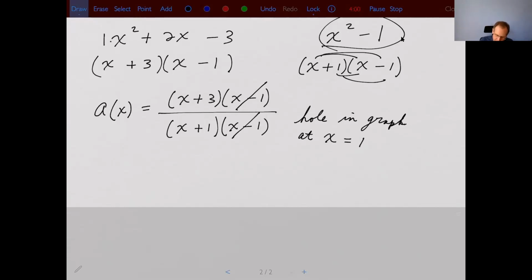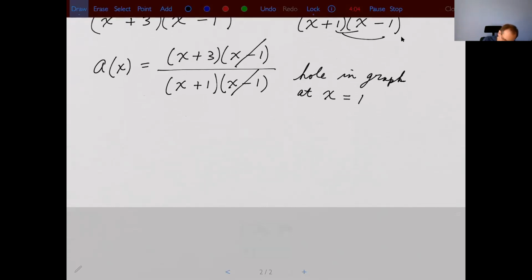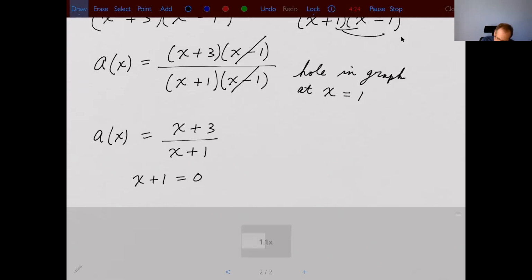So then it simplifies it quite a bit, right? So now this function is simply x plus 3 over x plus 1, which is exactly the same as the original function, except we have to remember that we have a hole at x equals 1. But now I can set the denominator equal to 0. And when is that equal to 0?